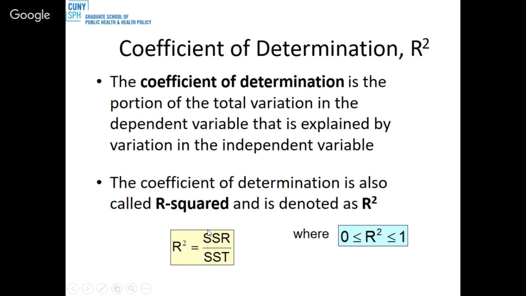Or in other words, the sum of squares of the regression divided by the total sum of squares. So whereas the F statistic was the sum of squares of regression divided by the sum of squares of error, this is divided by the total sum of squares. So whereas the F statistic was usually greater than 1, this is a value between 0 and 1.